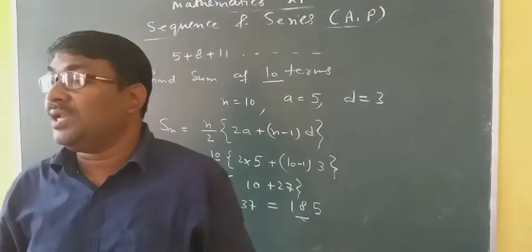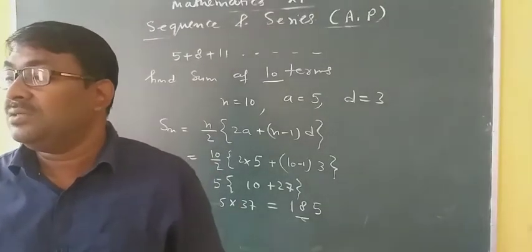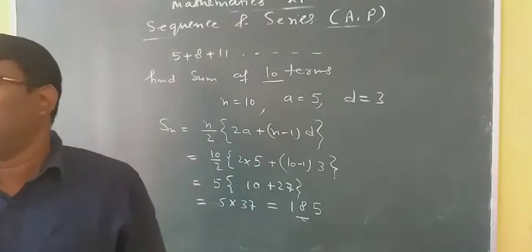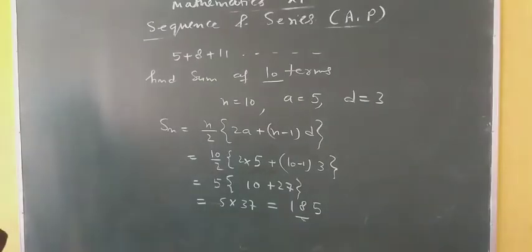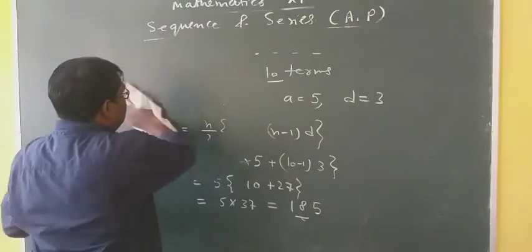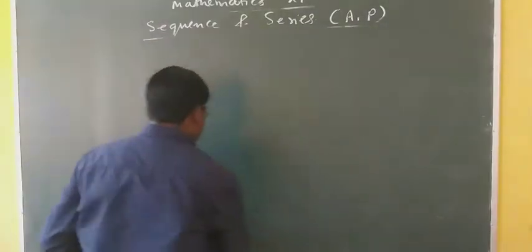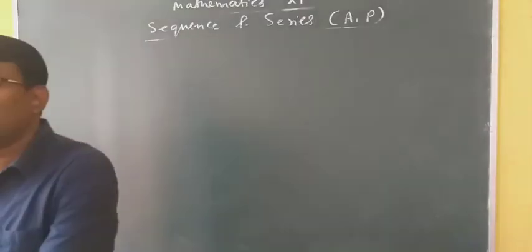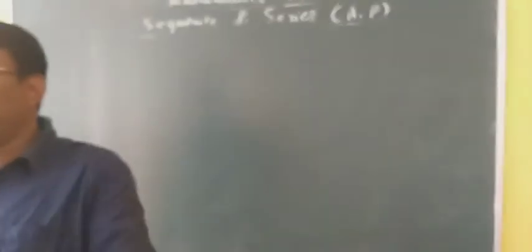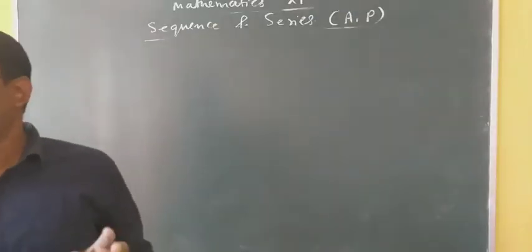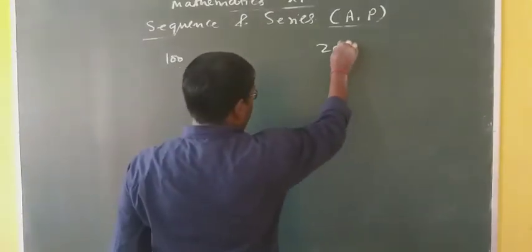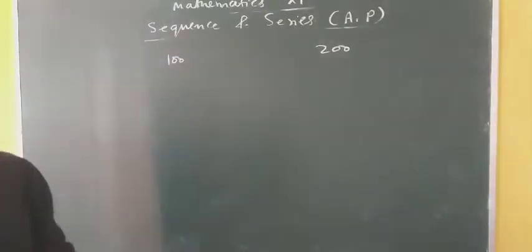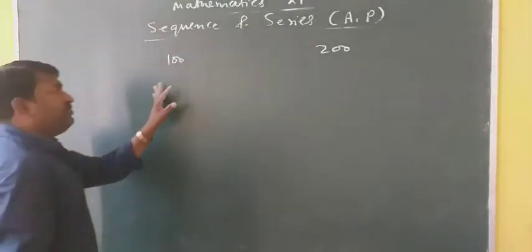Similarly, some other question, just like find the sum of all the numbers between 100 and 200 which are divisible by 7. You have to find the sum of all the numbers between 100 and 200 which are divisible by 7.